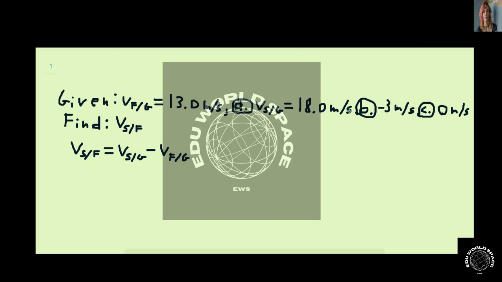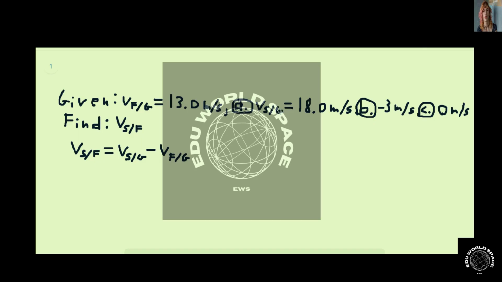And then B, it says it's 3.0 meters per second to the left. So then vs slash g for part B is going to be negative 3 meters per second because it's moving to the left now. So it's positive when moving to the right, and negative when moving to the left. And then part C, it's saying that it's 0. So for C, we have 0 meters per second for the velocity of the scooter relative to the ground.